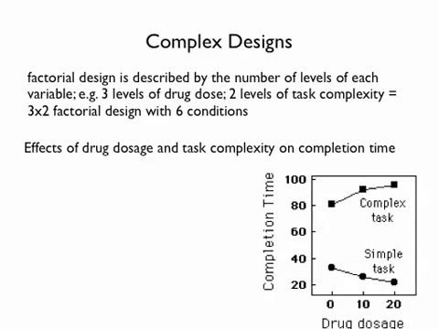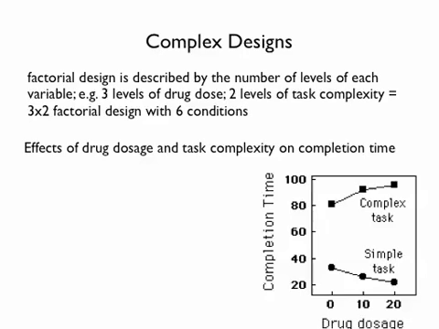So drug dosage is one thing that's being manipulated here. But you see two different lines, one indicated by the squares and one by the circles, and they're connected by lines. And the two different lines, the squares line and the circles line, indicate that there are two different types of task. You can tell that just by reading the graph.